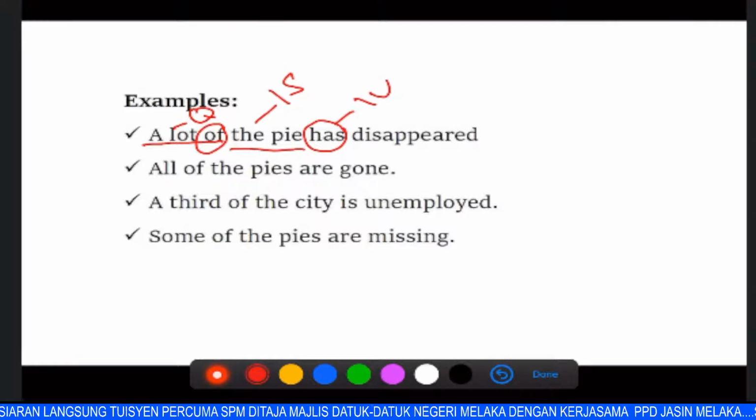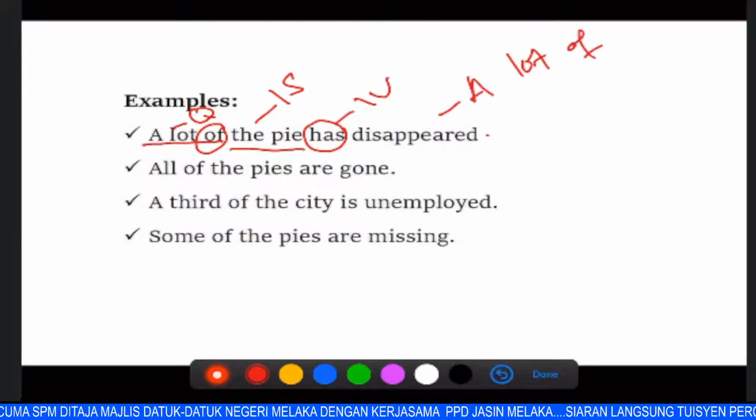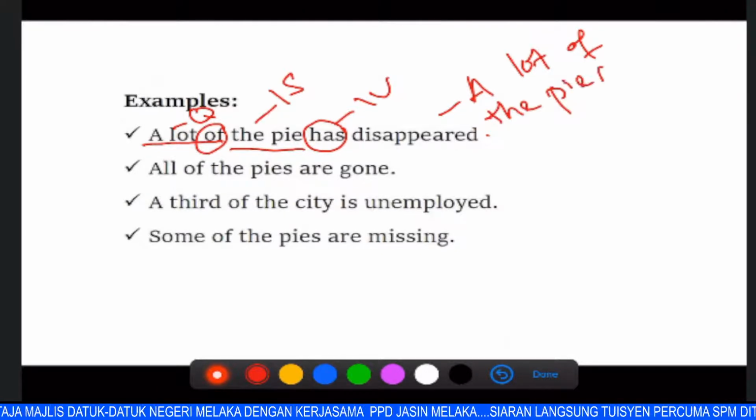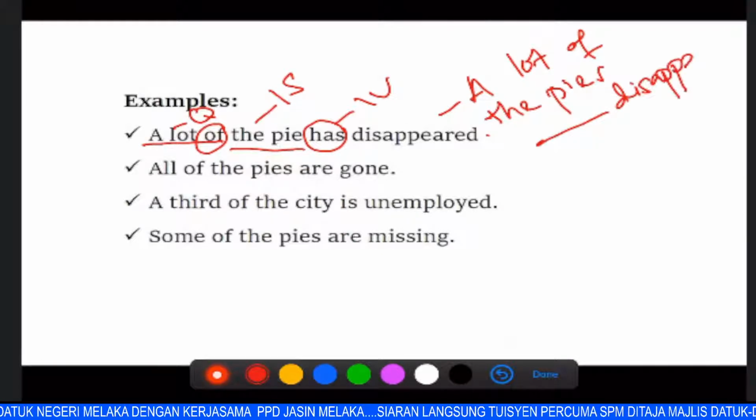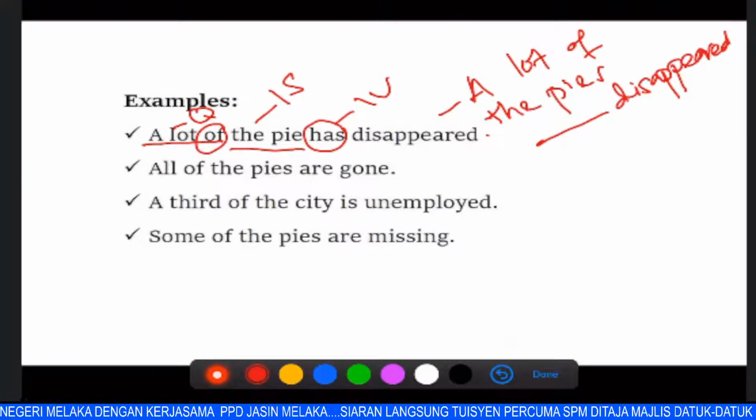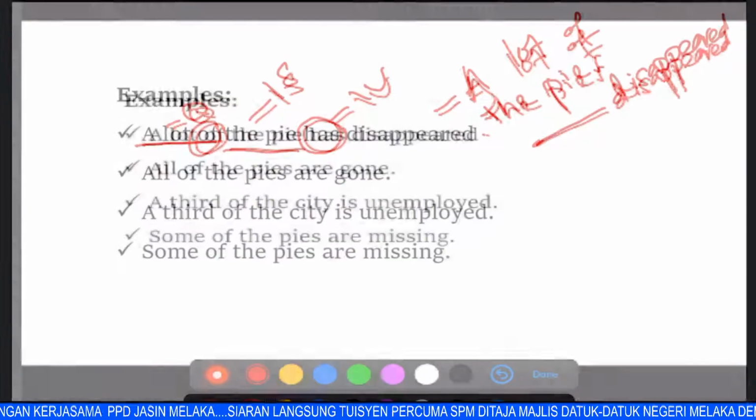What if I change it to a lot of the pies disappeared?